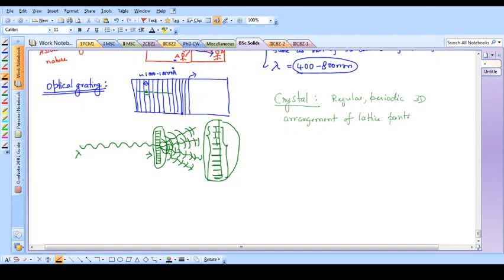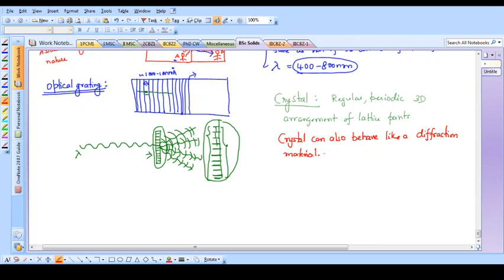Just like an optical grating, a crystal can also behave like a diffraction material. Okay, let me write. So a crystal can also behave like a diffraction material.